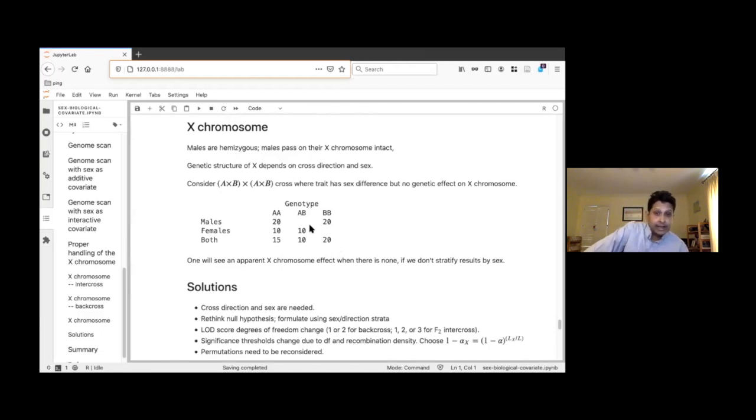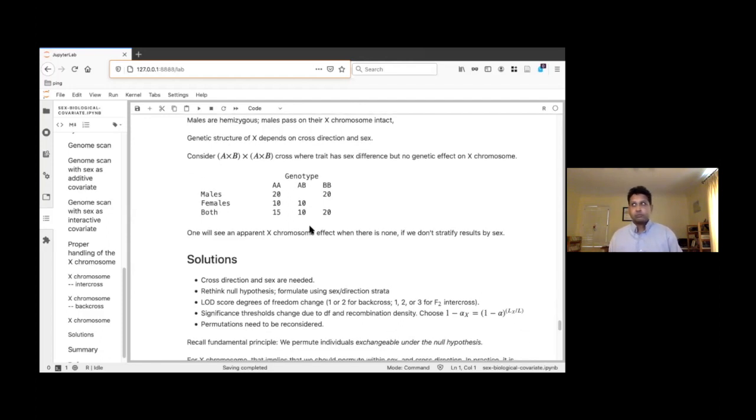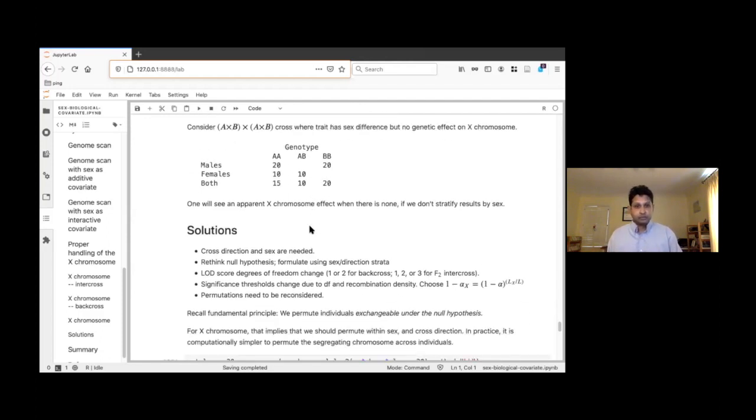Really, the sex is causing the difference in the trait, but by ignoring sex or not stratifying by sex, you are seeing an apparent effect on the X chromosome when actually there is none. And a similar thing happens with cross direction, where a similar type of effect is observed.